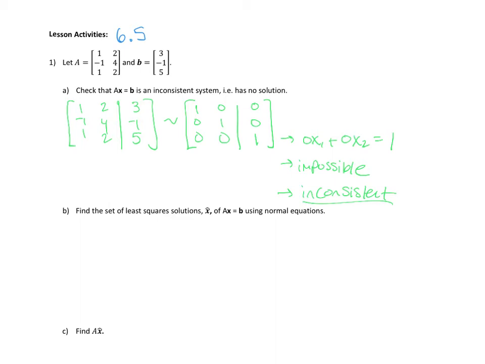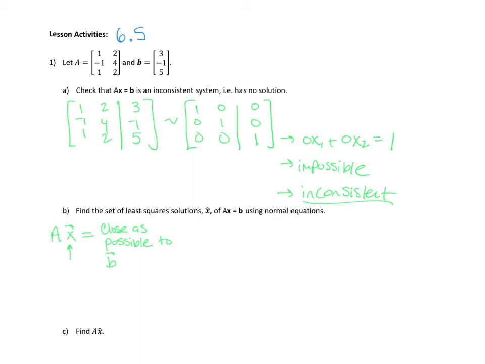We can find an x1 and an x2 such that A times x is as close as possible to B. We have these things called the normal equations, and that's how we do it.